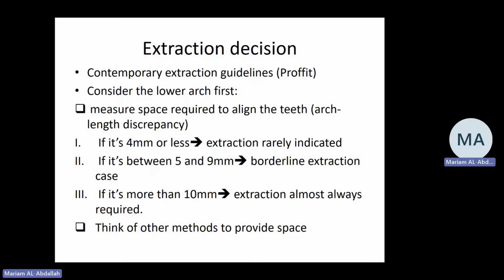If it's 5 to 9, we try to avoid extraction of teeth because this is a borderline case, and we try to find other methods to provide space, like, for example, expansion, distalization, proclining lower incisors, interdental stripping, etc. And we need to look at other features for our decisions, especially those related to soft tissue features. If it's more than 10 millimeters, then most probably we will need extraction. Again, this is a guideline, and we need to look to other methods to provide space.